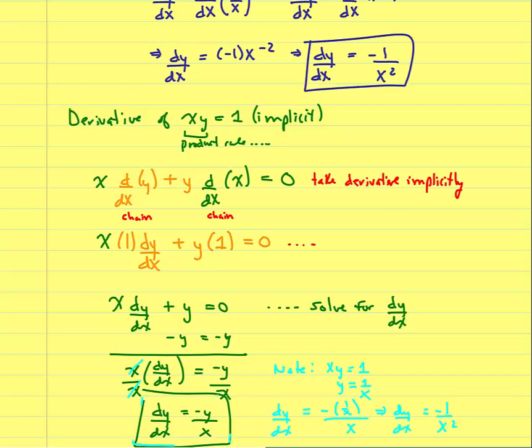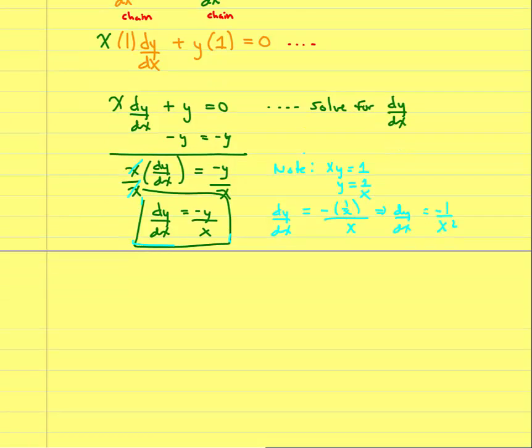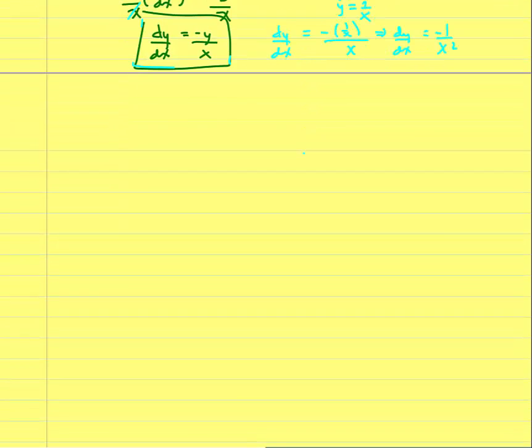Okay, so that's kind of what I wanted you to understand, the difference between implicit and explicit. Sometimes I cannot solve for an equation in terms of y alone, so I have to use implicit differentiation. Now when I use implicit differentiation, the important thing to remember is you always have to remember to take the derivative of the inside, and you always need to tack on that dy dx. And some people use y prime too.